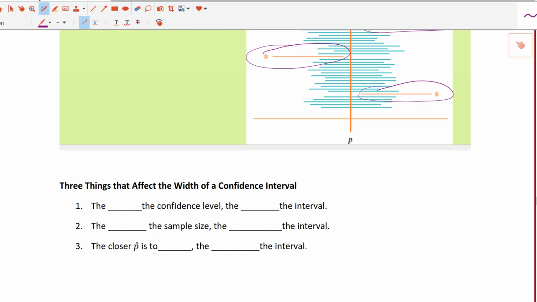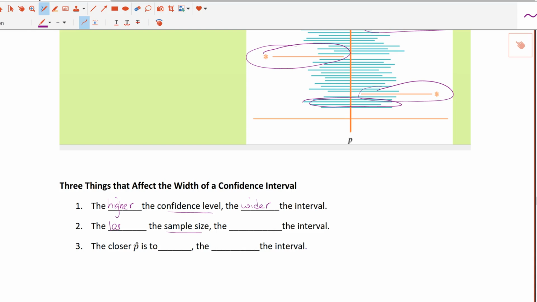So the three things that affect the width of a confidence interval, right? The confidence level, and the higher the confidence level, the wider the interval. If you're 95% confident, you're going to have a much wider interval than if you're 50% confident. The next thing that affects it is the sample size.